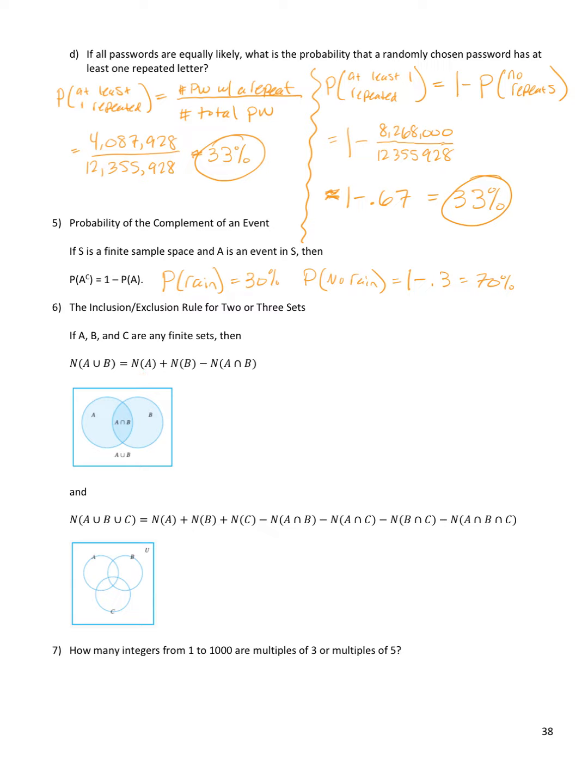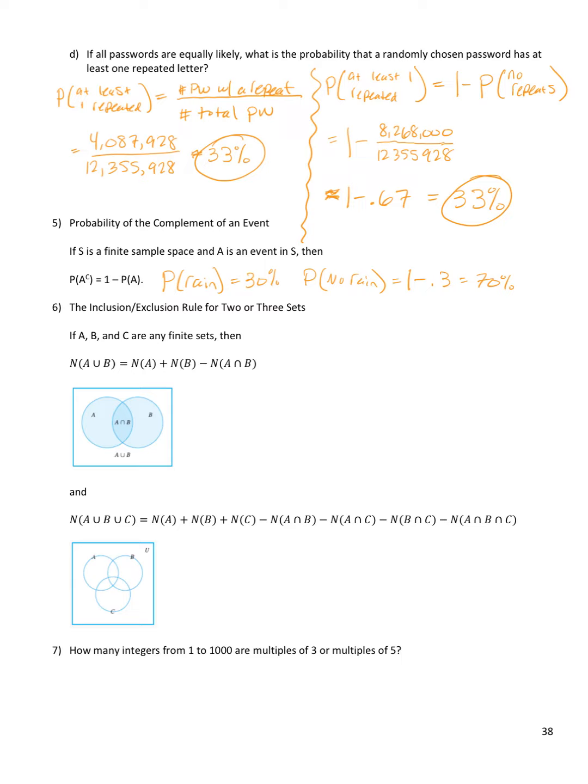So add the number of elements in A and the number of elements in B, and then subtract out the intersection. This is just a generalization of the addition rule we used earlier. We didn't have this part, right? This part was gone. And the only reason that worked is because we made the explicit requirement that this intersection be empty. We said A and B have to be disjoint, which means there's nothing in their intersection. You can still use a modification of this rule if there's something in their intersection by subtracting whatever's in there.